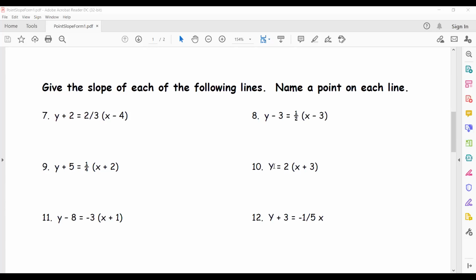Good. I don't know if you guys at home could hear that, but she's identified a good way to remember, because you're starting off with a y term here, so that's got to be a y term in the left-hand side. On the right-hand side, you got x, so the other term inside the parentheses should be an x term also. So it's maybe another way to remember the difference.